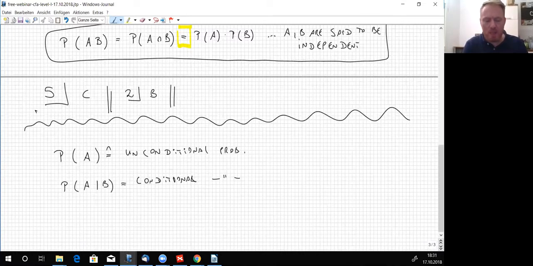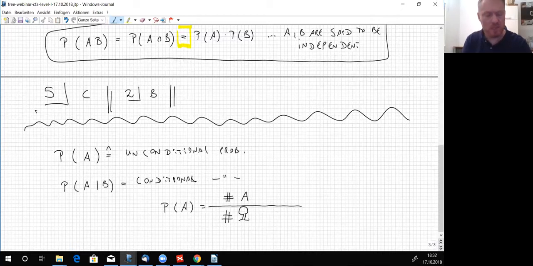Now that's important. How do we compute both probabilities? The unconditional one, P of A, is the number of elements of the set A divided by the number of elements of the set omega. Omega denotes the set of any single event that's possible at all. Like if you throw a fair dice once and only once, there are 6 possible outcomes.